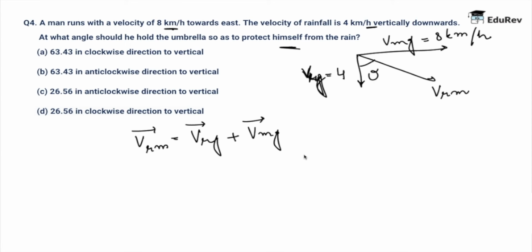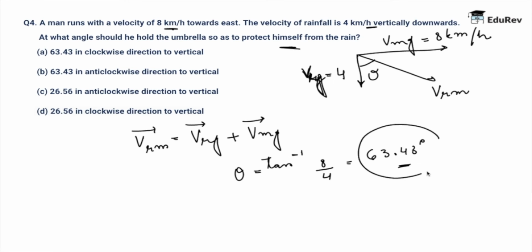And the resultant makes angle theta, that is theta is equals to tan inverse 8 by 4 equals to 63.43 degrees with vertical. So man should rotate his umbrella in anti-clockwise direction such that it makes an angle of what? 63.43 degrees with the vertical. So it should be 63.43 with vertical direction, and that too anti-clockwise. Let's move on to the last question.